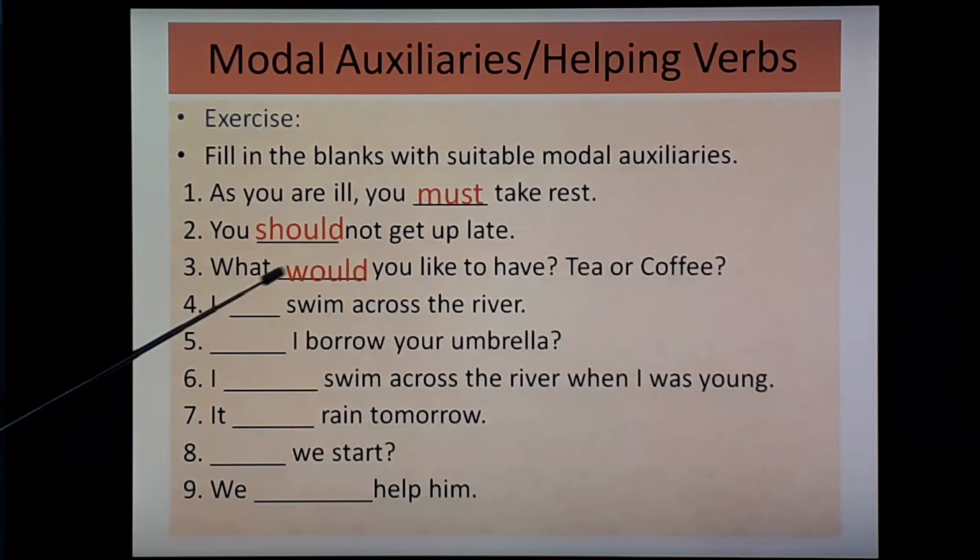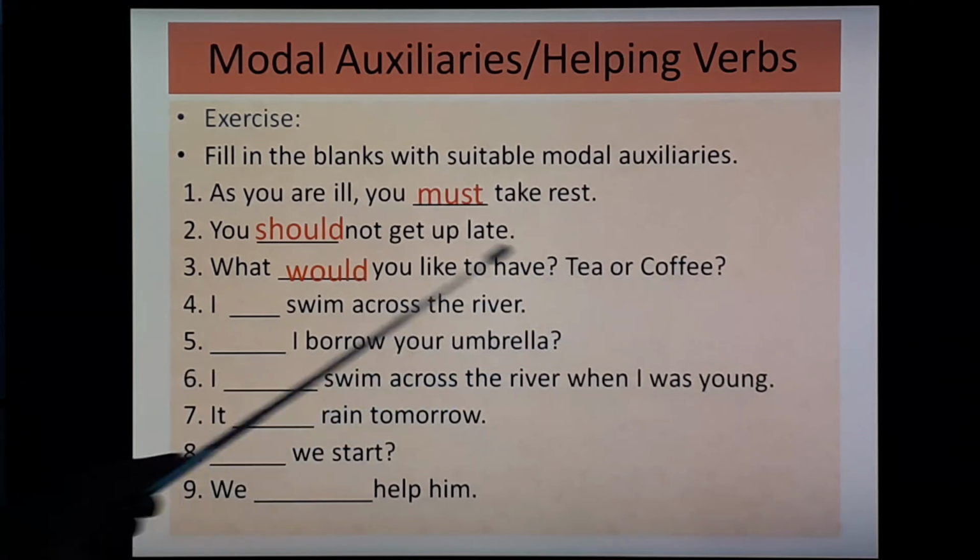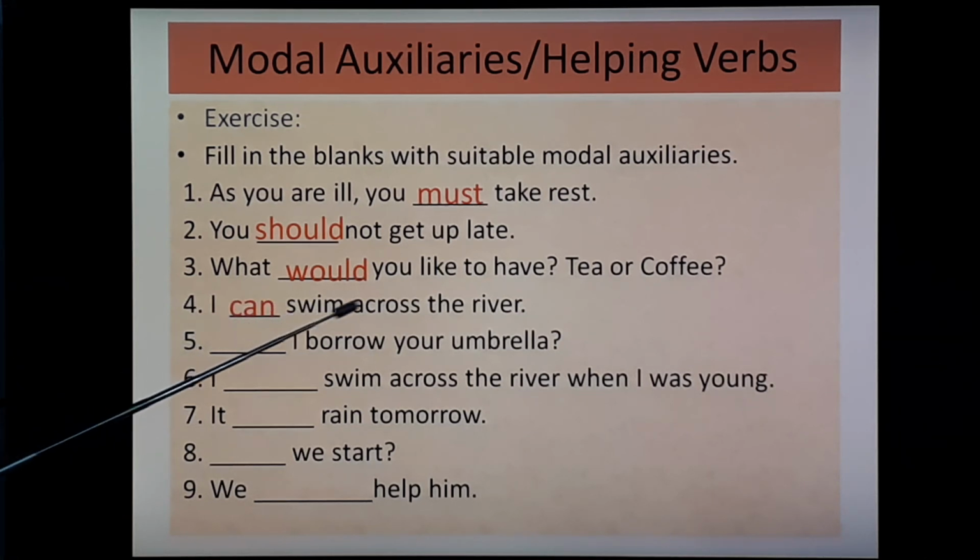Third, what would you like to have? Tea or coffee? Choice. So, would. I can swim across the river. So, I have the ability to swim. That is why can is mentioned.